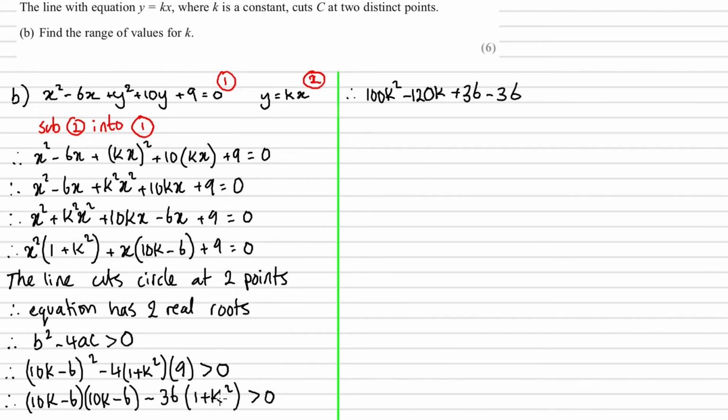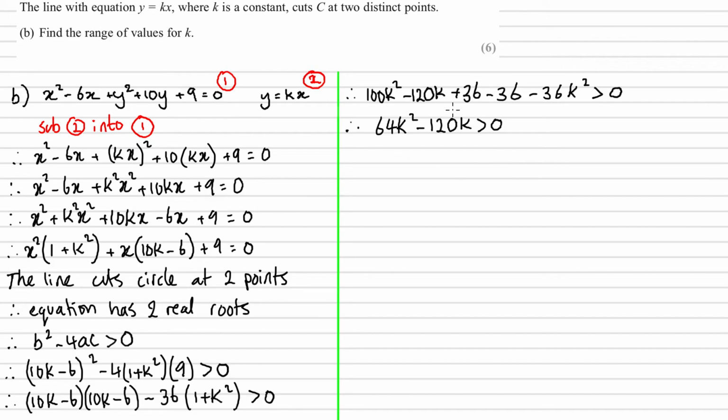Minus 36 times k squared is minus 36k squared. And this is all greater than 0. So I can simplify at this point. 100k squared minus 36k squared is 64k squared. 36 minus 36 is 0, and we have minus 120k. And this is greater than 0.